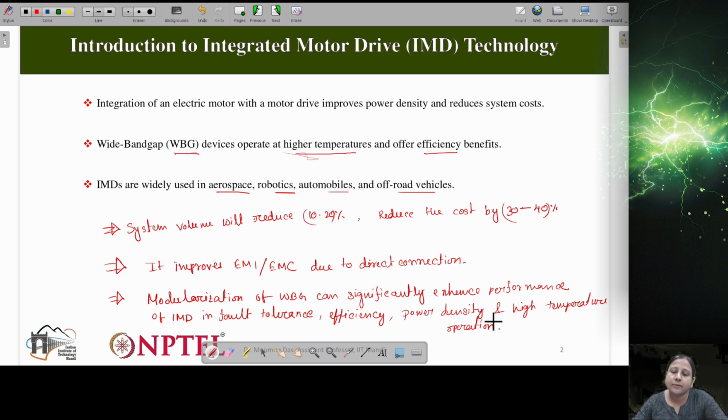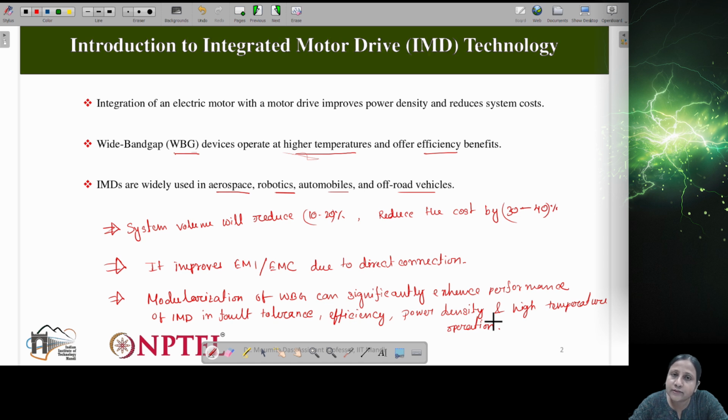So these are the advantages of using the electric motor along with the drives together by using these wide bandgap devices. Means it is possible to use motor and drives together by considering silicon devices as well, but it will not have the advantages of wide bandgap devices.